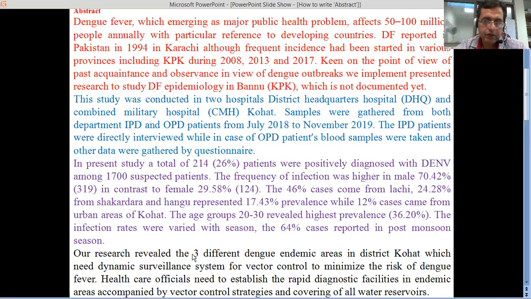If you look at this black text, there is not only the conclusion that they are drawing from this particular study, they are also giving some other advice to the healthcare officials and other diagnostic facilities. So these are actually recommendations. Some people would give recommendations as part of the abstract, and some people would be happy only with the conclusion that they are drawing out of their research.